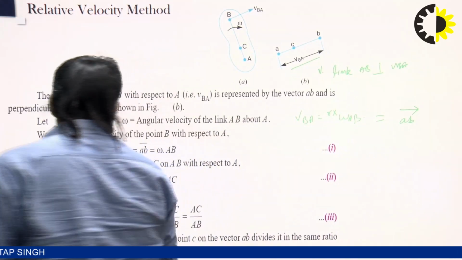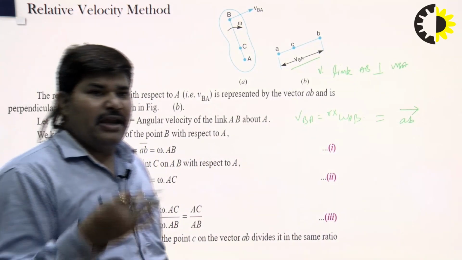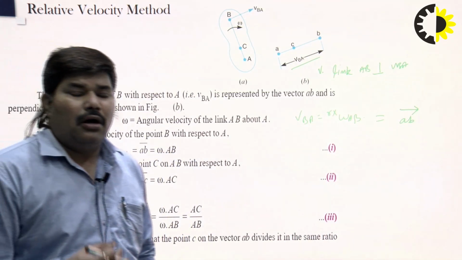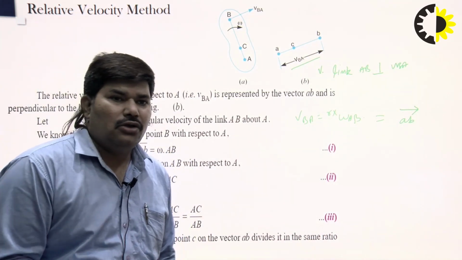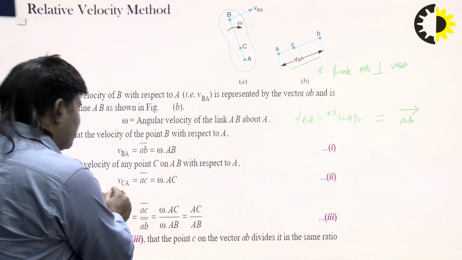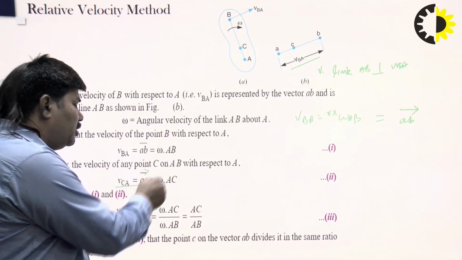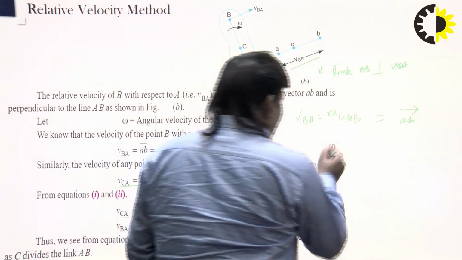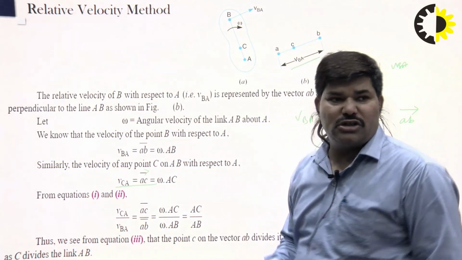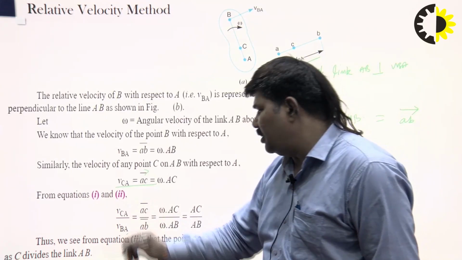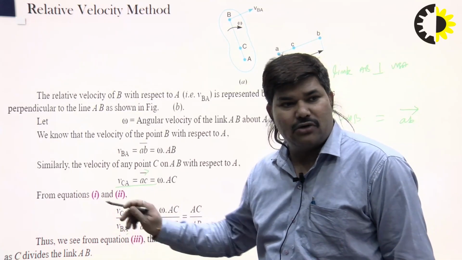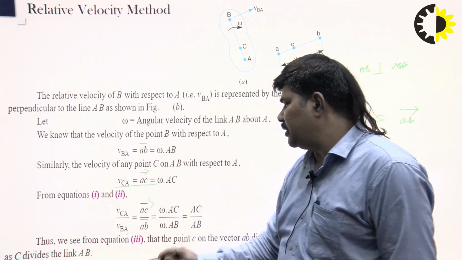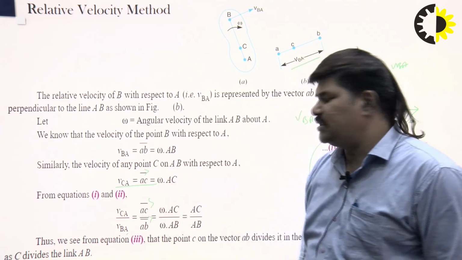Similarly, the velocity of any point C on AB with respect to A is vector ac equal to omega into AC. Equating equation 1 and 2, velocity of C with respect to A upon velocity of B with respect to A equals vector ac upon vector ab, equal to omega AC upon omega AB.